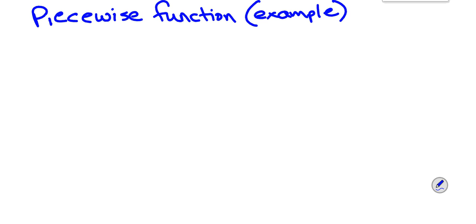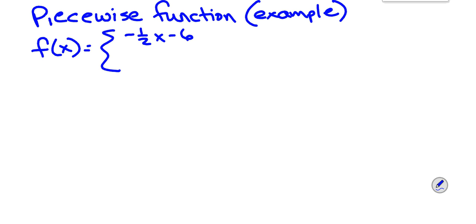It's just an example, and I'm using two linear functions because it's going to be the easiest. So f of x is equal to either -1/2 x minus 6 for x less than or equal to -4, or x plus 5 for x greater than -4.